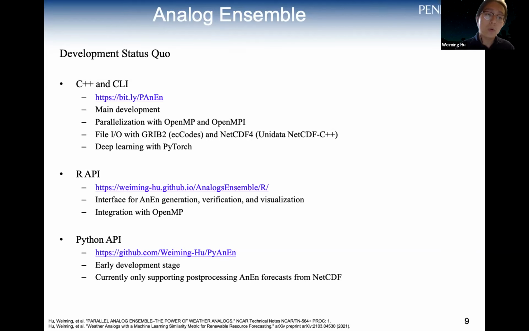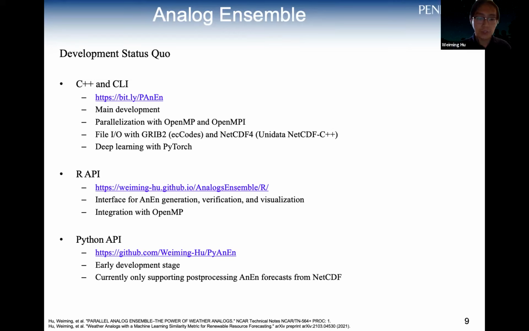Analog Ensemble has also been ported to R. R is probably the most used API for rapid research development. It allows for generation, verification, and visualization, and because its code base is in C++, it's very easy to do multi-core parallelization even with R. Finally, it also has some preliminary API support for Python.